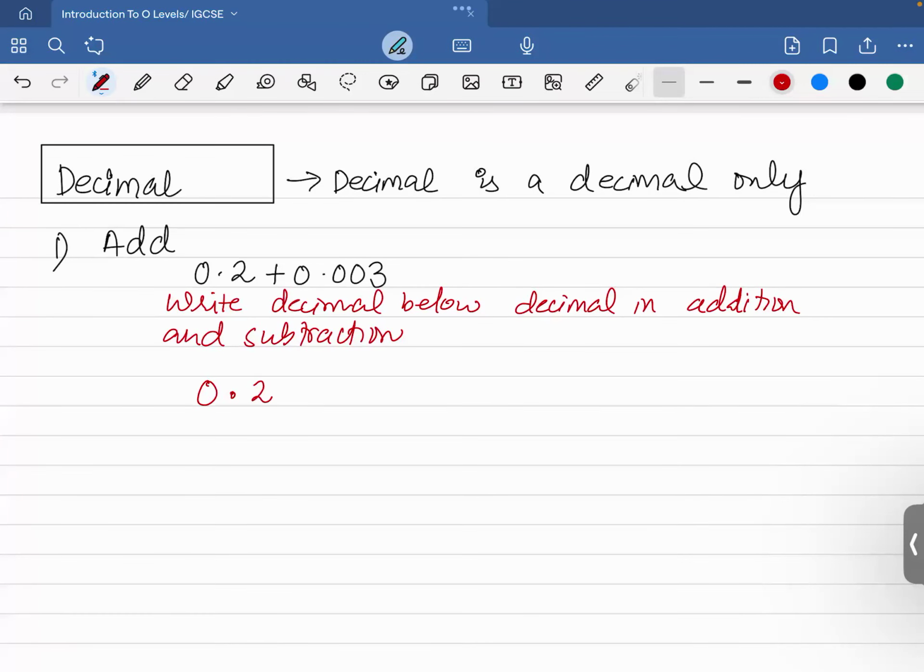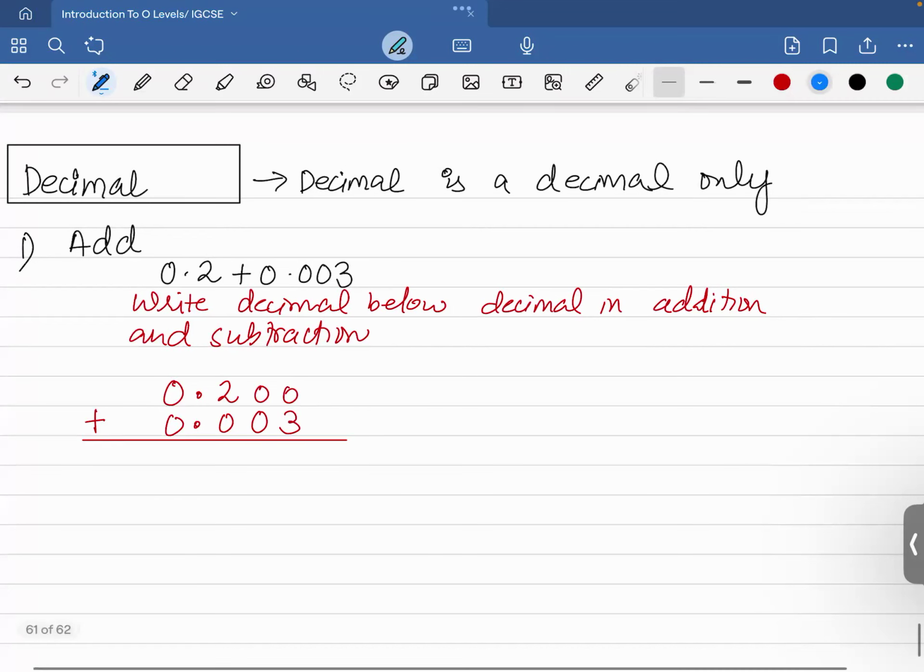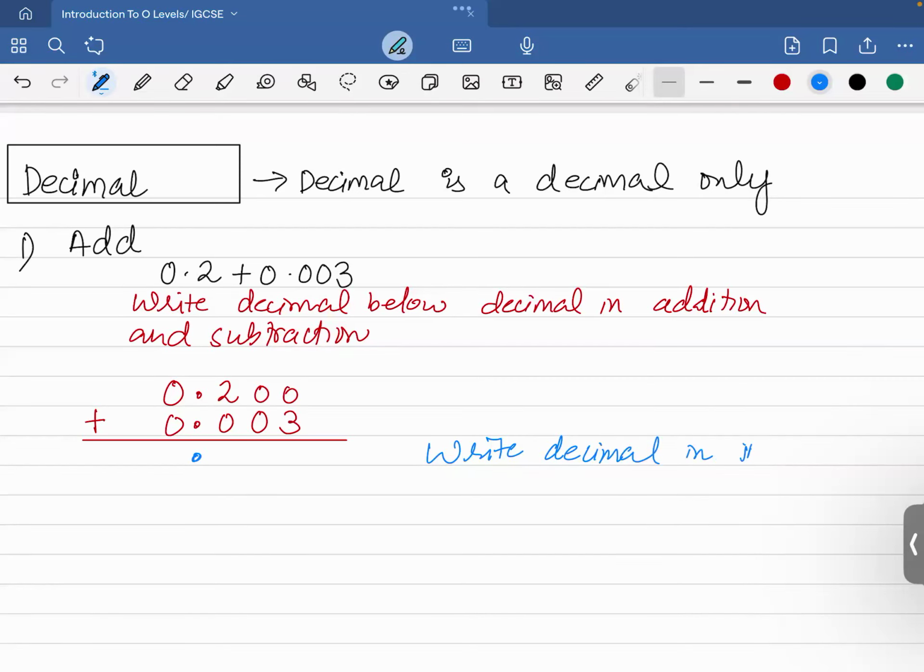So 0.2, and 0.003. Write 2 extra zeros here just to complete that. Add, and write the decimal first, in its own place. Agree, everybody?